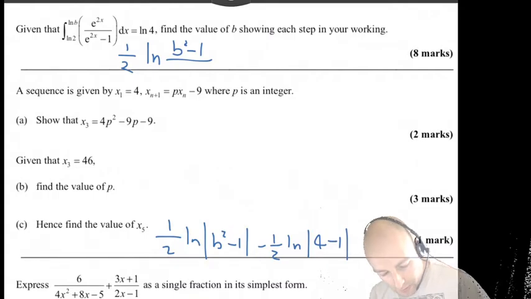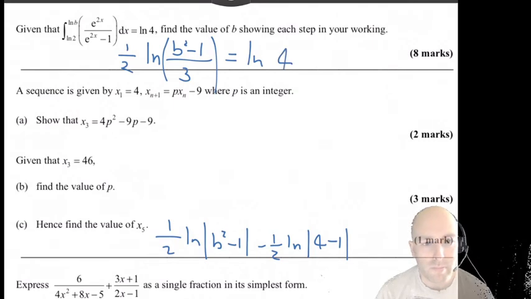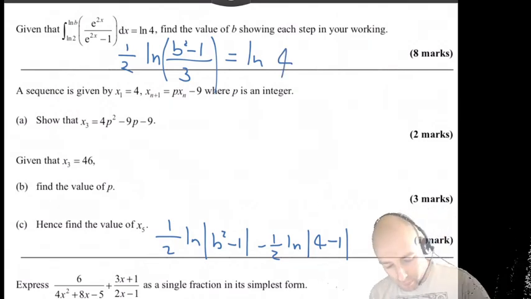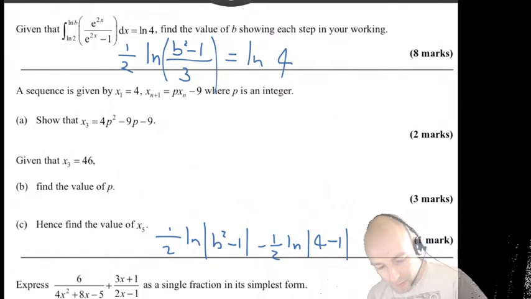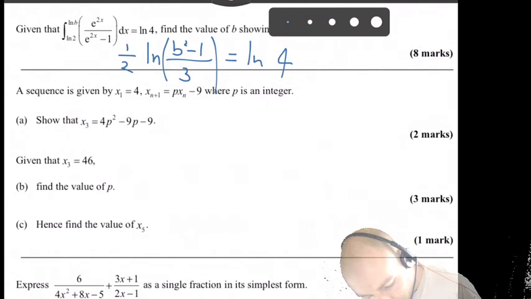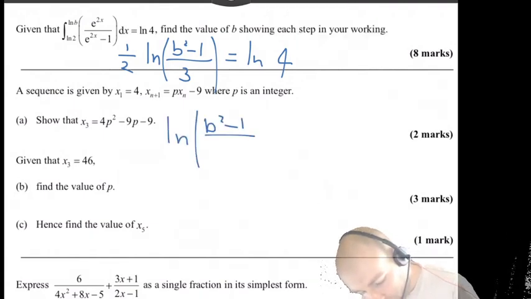So we get that, and that equals ln 4. Cool. Just to make things easier, I'm going to times both sides by 2. So we're going to get ln of b squared take 1 over 3 equals 2 ln 4.